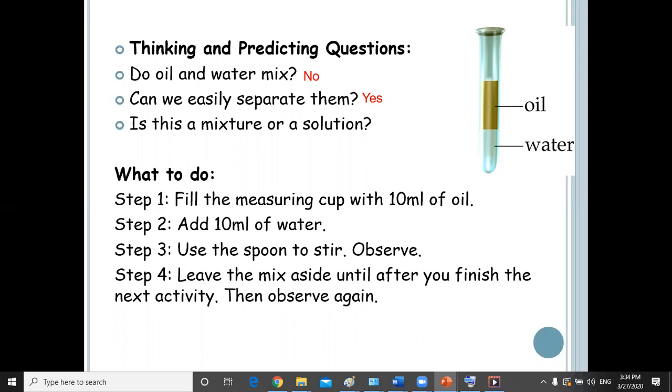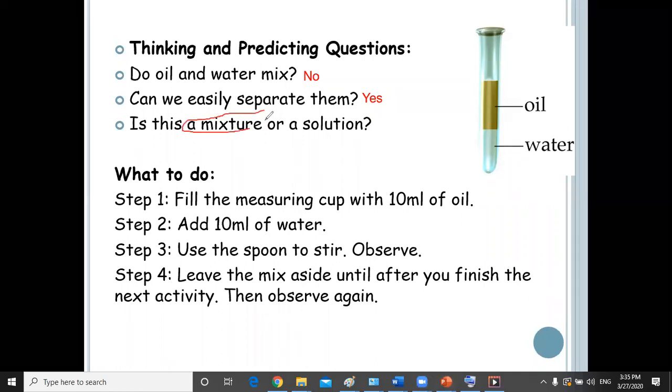So, oil and water are mixtures. It's a mixture.